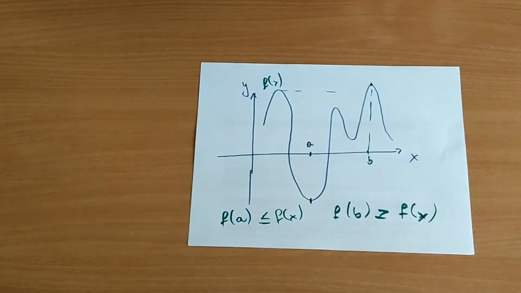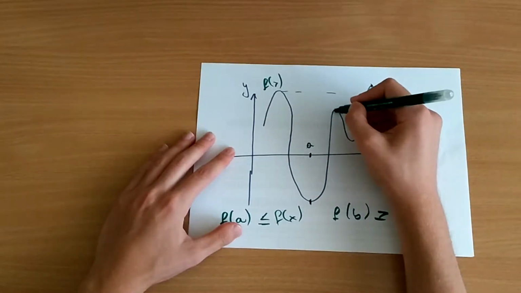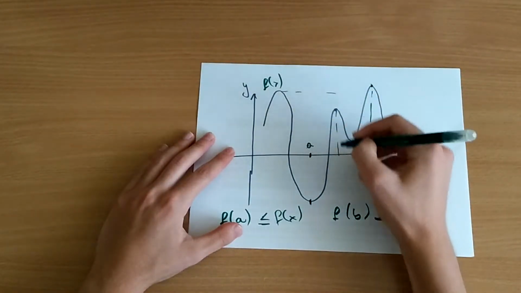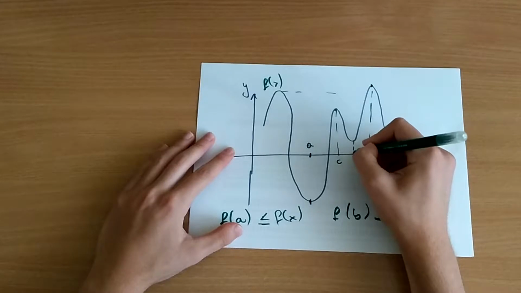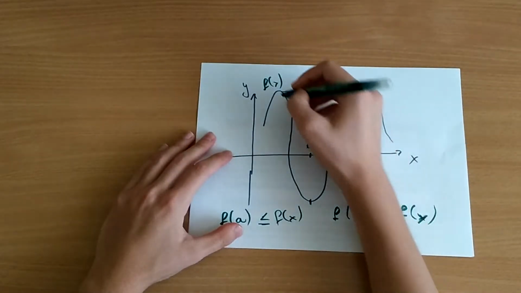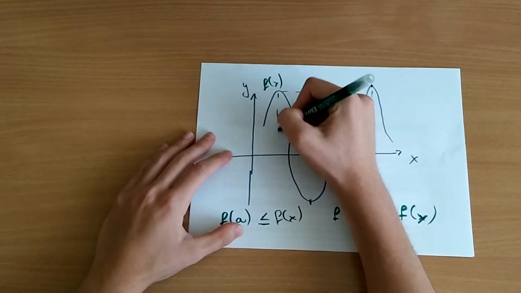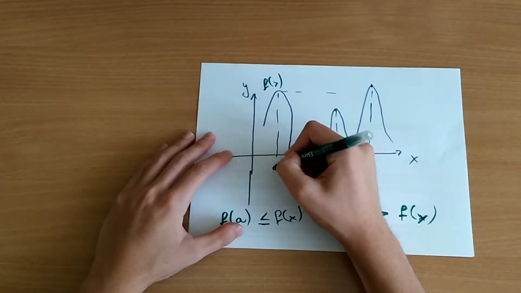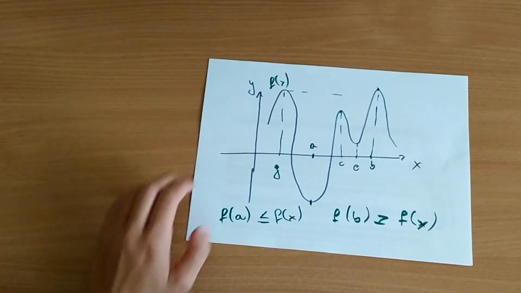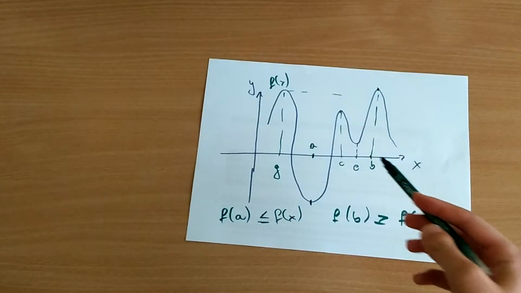Okay, now let's look at these points here. Let's call this point C, let's call this point E, and let's call this point G. What can you notice about these points?